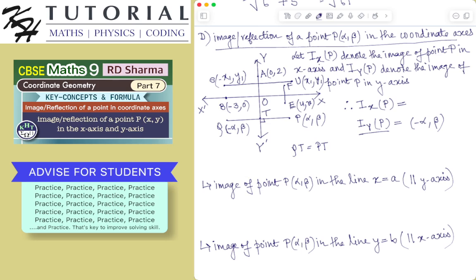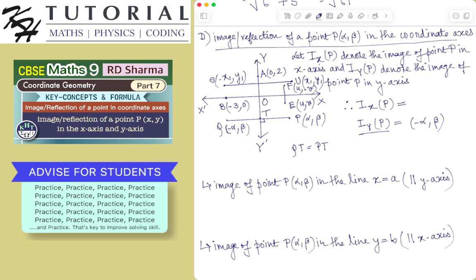It is the absolute value of v, because in this case v will be negative, since it is in the fourth quadrant. But the distance of E from the x-axis will be the absolute value of the ordinate, that is mod of v. So the coordinates of the point F will be, the abscissa will remain the same, u, minus v.